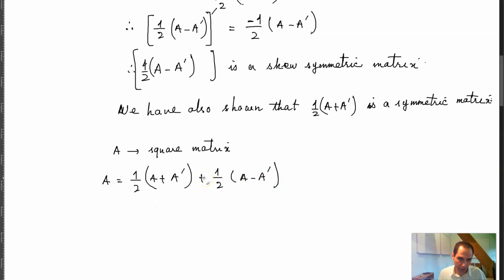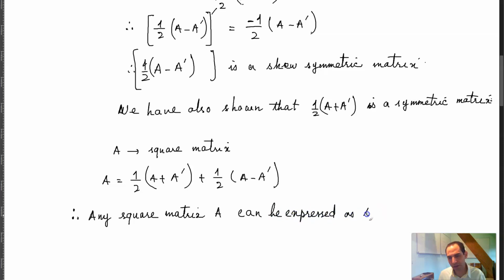And if you expand this, you will get the same thing as A. And since we have shown here that 1/2 of (A plus A prime) is a symmetric matrix and 1/2 of (A minus A prime) is a skew symmetric matrix, therefore any square matrix A can be expressed as the sum of a symmetric and a skew symmetric matrix.